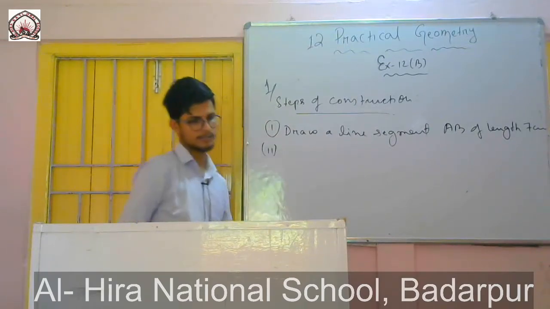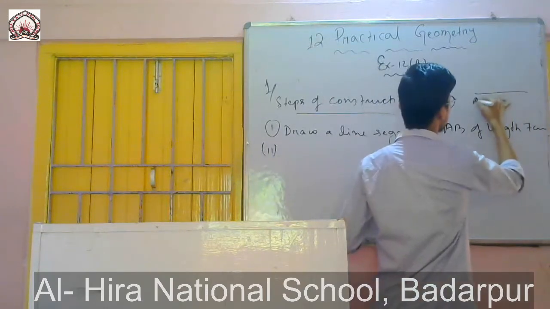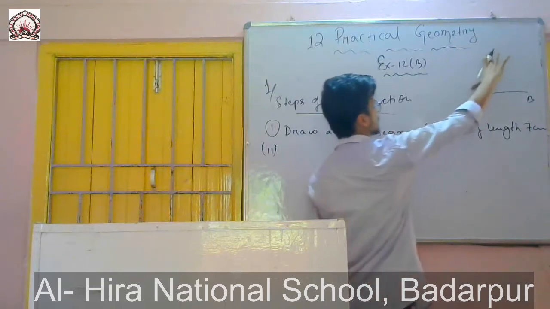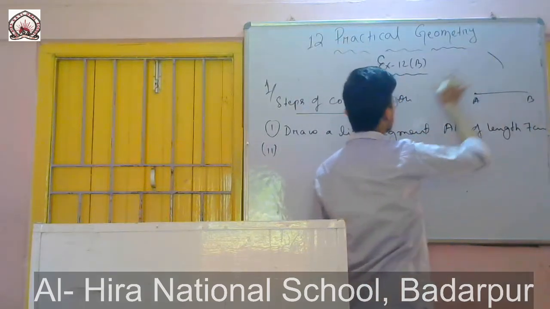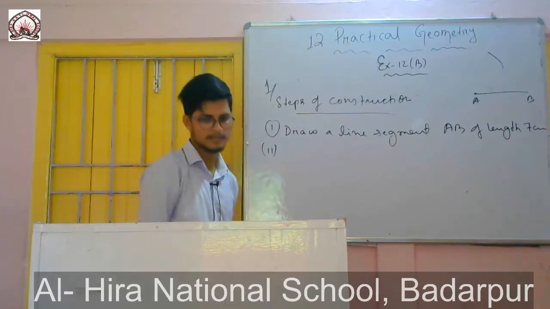Then next step, with A as center, now taking A as center, what I did, I just draw an arc which was equal to the measurement of AC. AC was 6 centimeter.